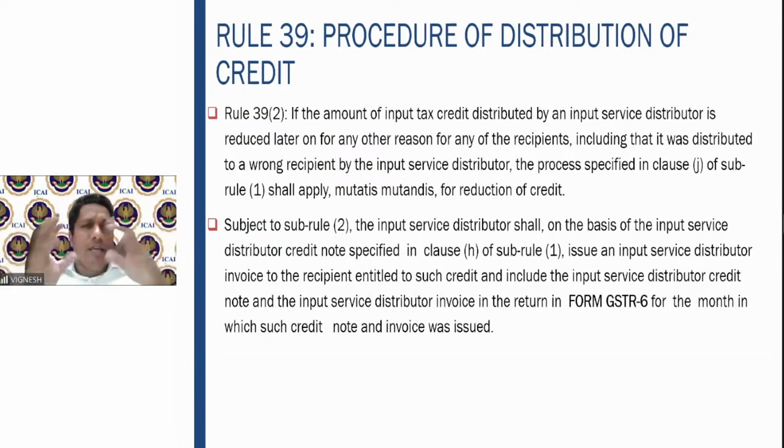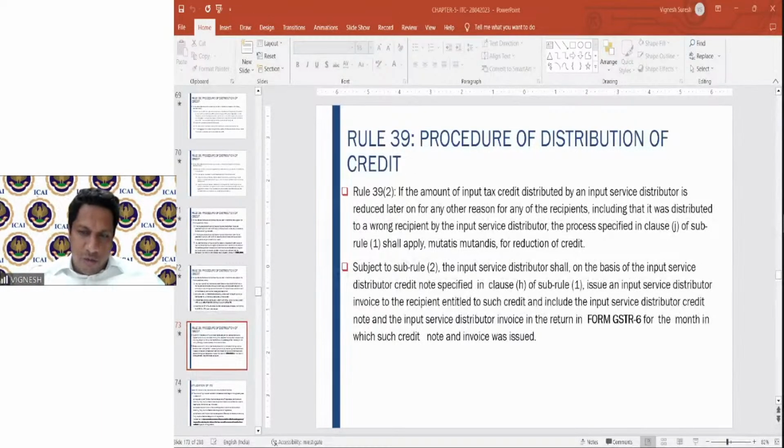The critical point here is, whenever you are issuing the credit, you have to raise the invoice, and whenever you raise the invoice, you have to clearly show it in GSTR 6. And when you reverse it by way of a credit note or a debit note, you have to do that in the same proportion as in the original amount. That is the way in which you have to distribute the input tax credit. I'll work out a problem based on that. Don't worry.